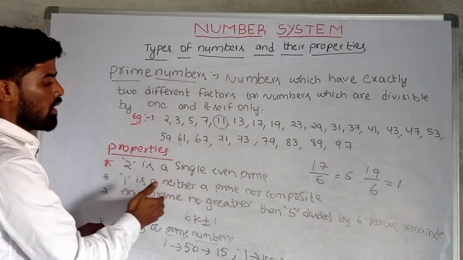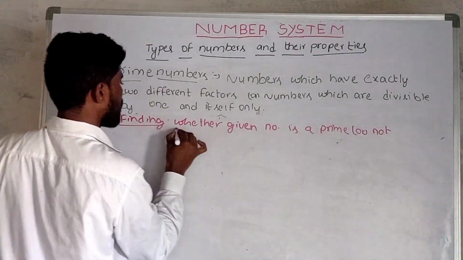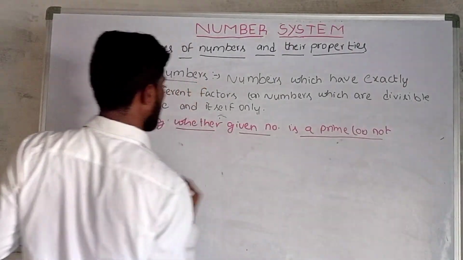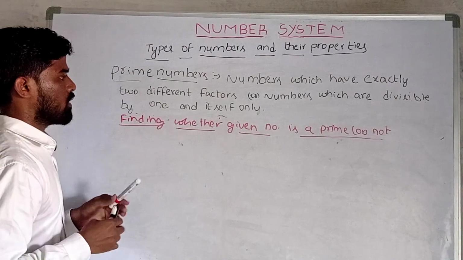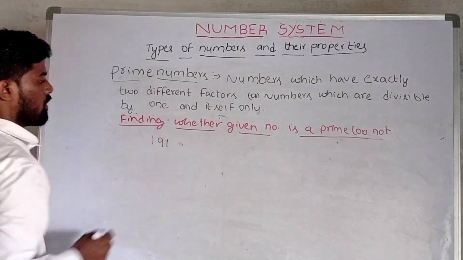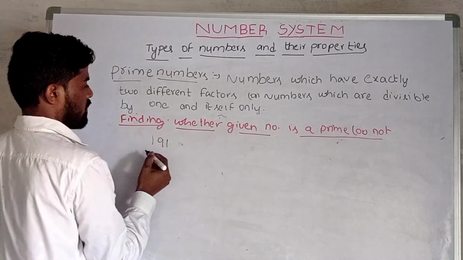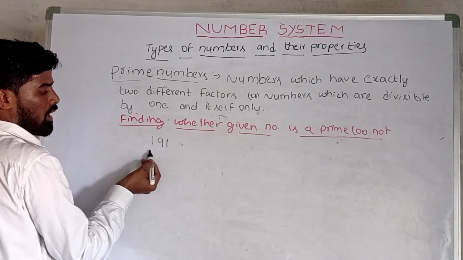Next we will see how to find whether a given number is prime or not. We have to find whether this number is a prime or not. First take the approximate square root value of this number.